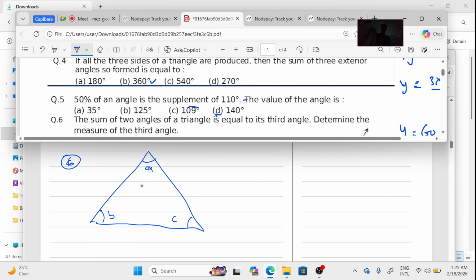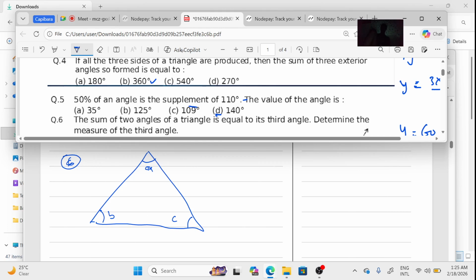That is, when you add maybe B and C together, the answer is equal to A. When you add any two, the answer you get is the third one.